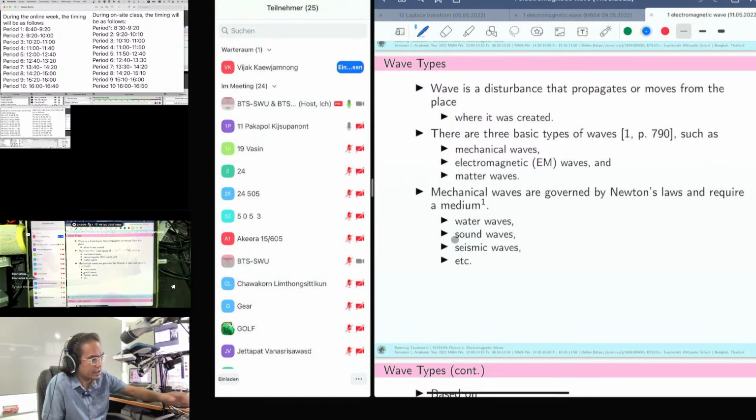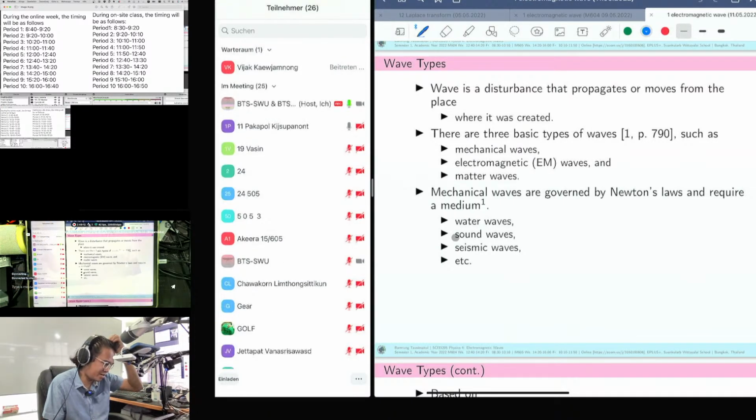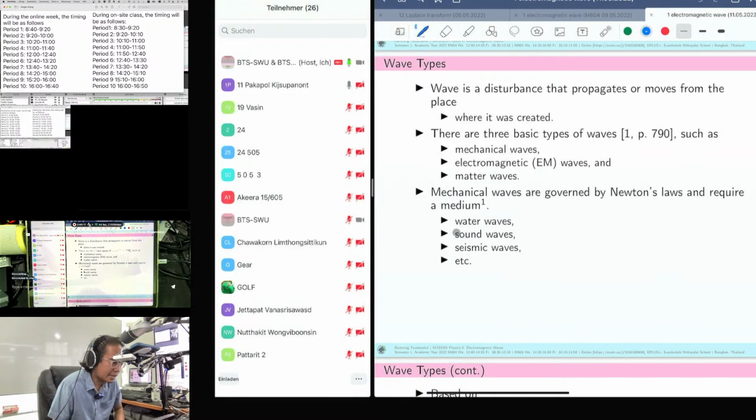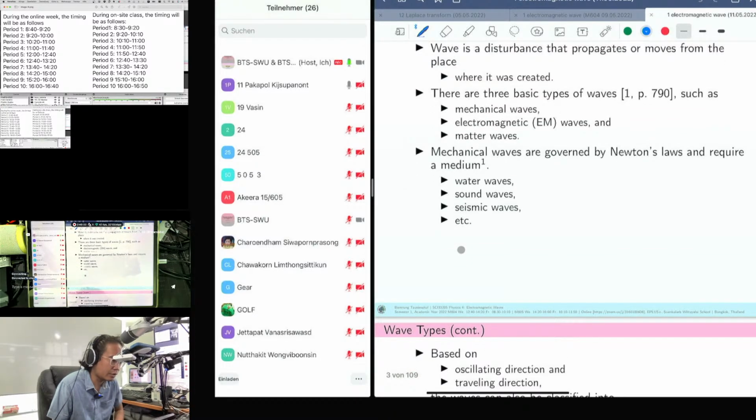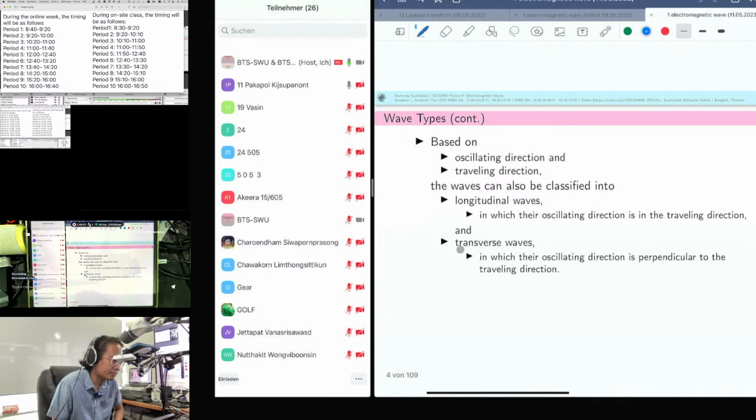Okay, this is what you may have already studied before in the last year or last 2 years. The last one is a seismic wave, which is a wave that happens during the earthquake and so on. It also includes other types of waves like the string wave that you may have seen during your Math 3 or something like that.